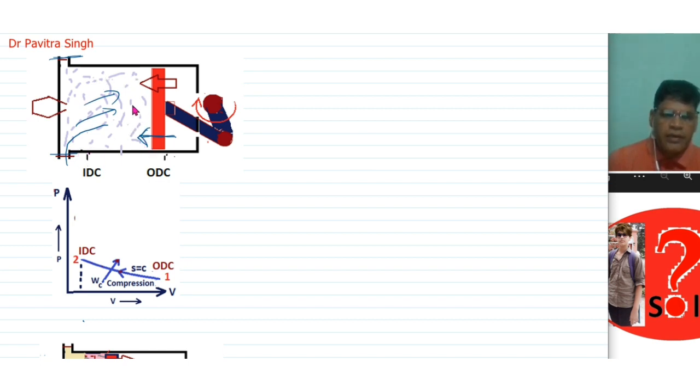The air enclosed in the cylinder will be compressed. You can see the volume is decreasing as the piston moves from ODC to IDC.